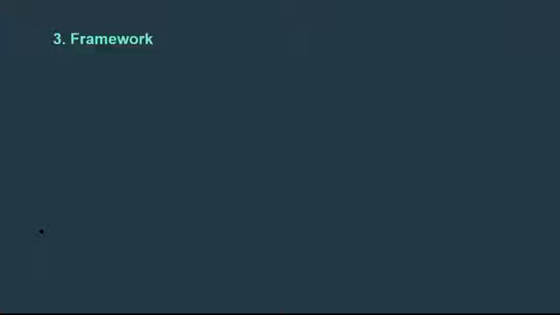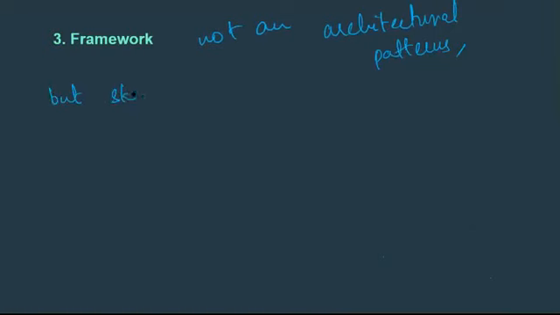Then the next one, the third one, is framework. Now a framework is actually not an architectural pattern. But it is called a skeleton, that is a collection of plug points.